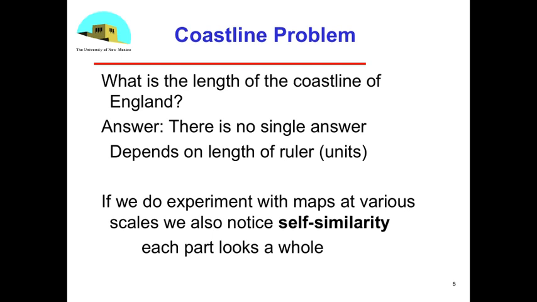But then I could say, what if I got a map that had greater resolution? So I get maybe a bigger map or a bunch of littler maps, and I start noticing that there's a lot more detail along the coast, a lot more indentations and protrusions sticking out. Now I lay my string along there and measure the length on this bigger map or set of maps, take into account the difference in scaling, and lo and behold, I get a longer length.